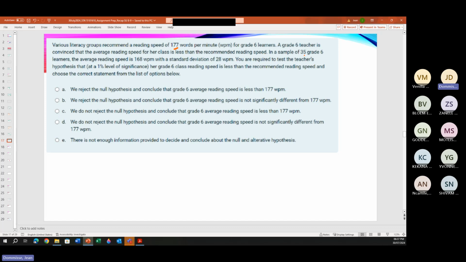In a sample of 35 grade 6 learners, the average reading speed is 168 words per minute, with a standard deviation of 28 words per minute. You are required to test the teacher's hypothesis at a 1% level of significance, that her grade 6 class reading speed is less than the recommended reading speed, and choose the correct statement.